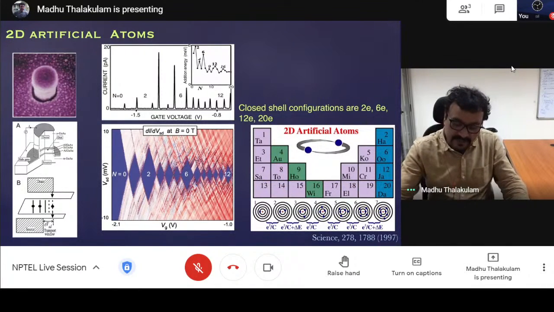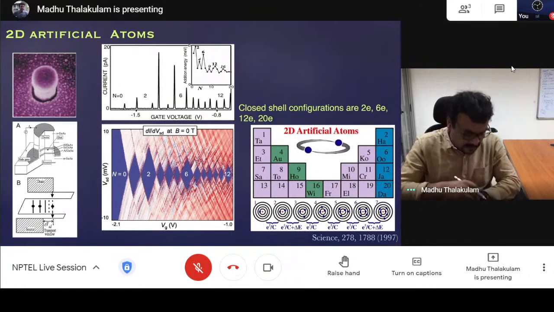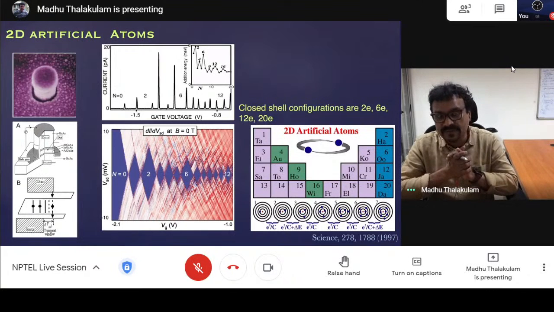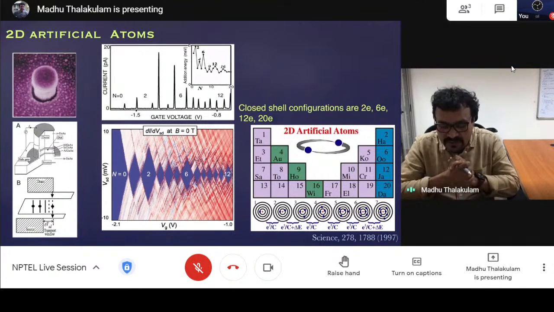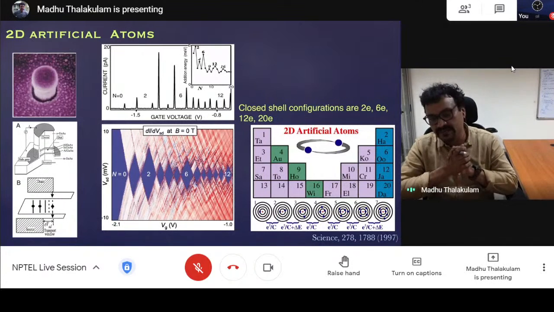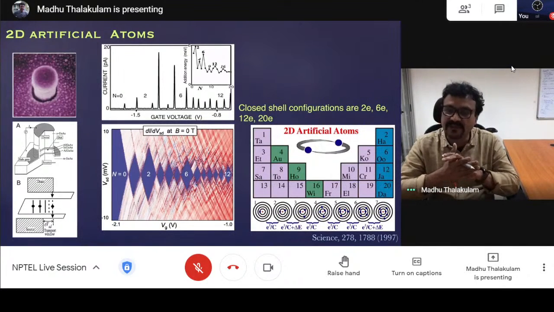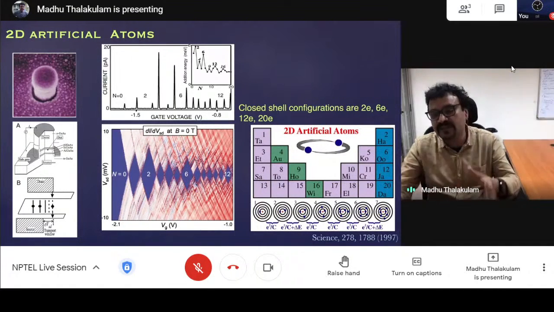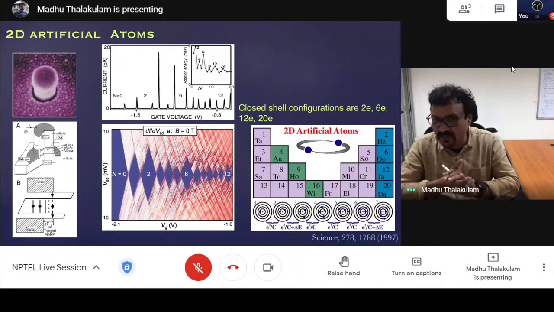Okay, so let me stop at this point and maybe take some questions if there are. So these quantum dots are also called artificial atoms, and depending upon the electronic configuration, they can also exhibit different electrical and electronic properties.